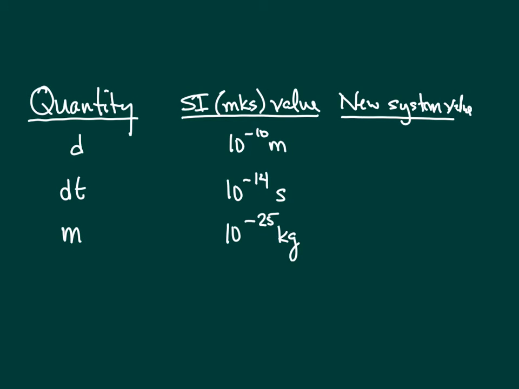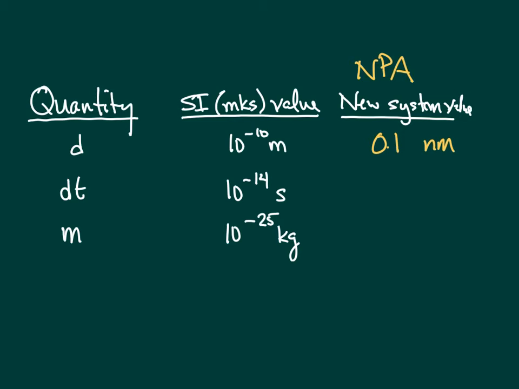We've got these different quantities in our problem: the interatomic spacing, the time step, and the mass. Let's look at the new values in the NPA system. Instead of D being 10 to the minus 10 meters, it will be 0.1 nanometers.